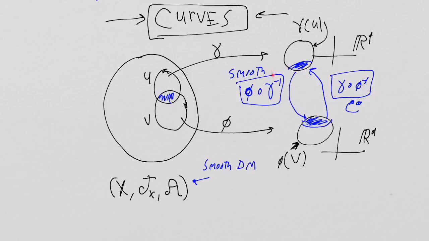The final promotion is we know these guys exist and are continuous, but we don't know that they're differentiable. And the reason we can talk about the differentiability is because they're going from Euclidean space to Euclidean space. So I have multivariable functions here is what I'm dealing with, and I can take derivatives of those multivariable functions. That's not a hard thing to do. And if those derivatives exist, then I have a smooth differentiable manifold.